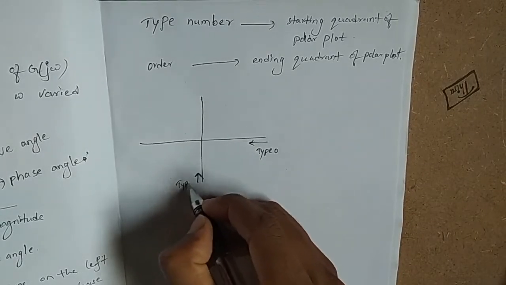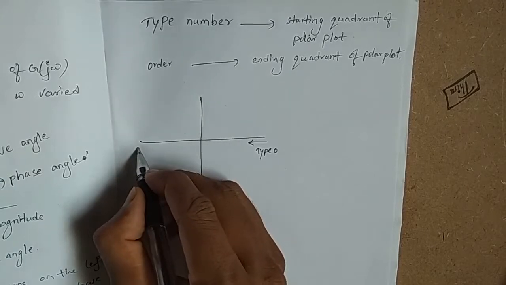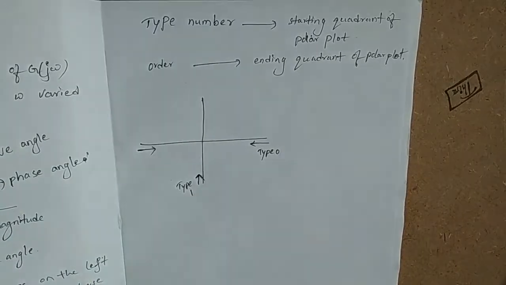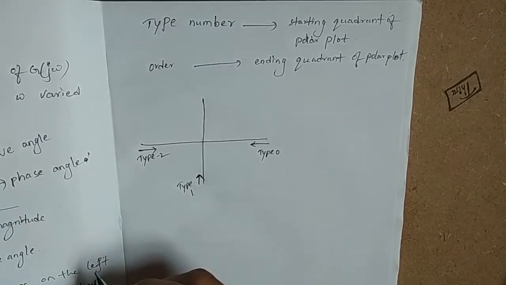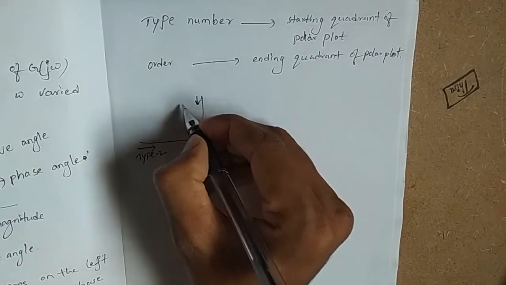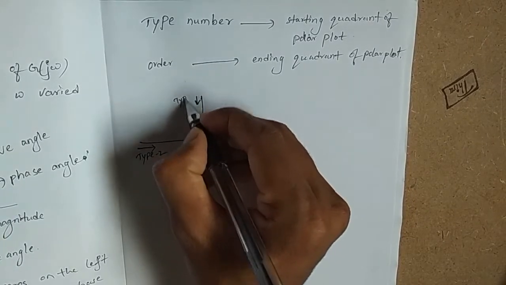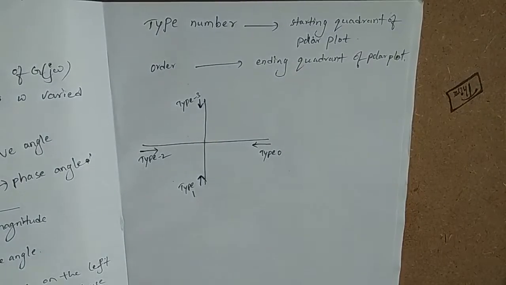For a type 2 system, the polar plot starts from here. For a type 3 system, the polar plot starts from here.